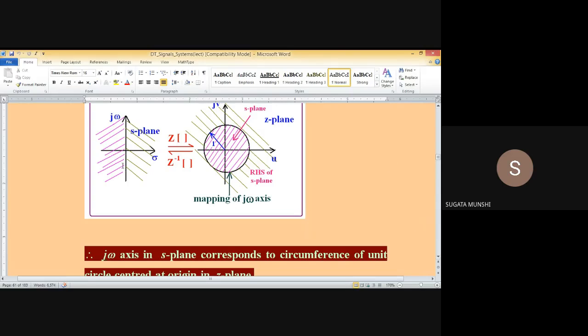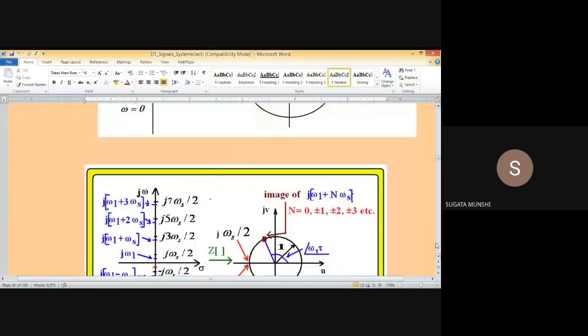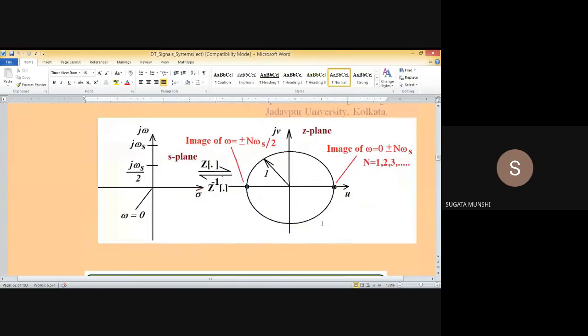Point is, if you sweep along the j omega axis, in what manner will this traversal take place? I have just given this figure first.